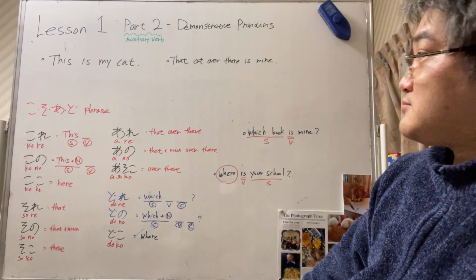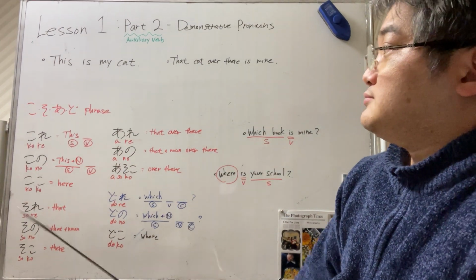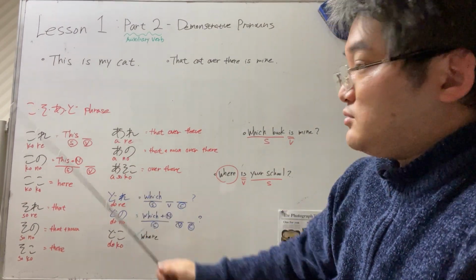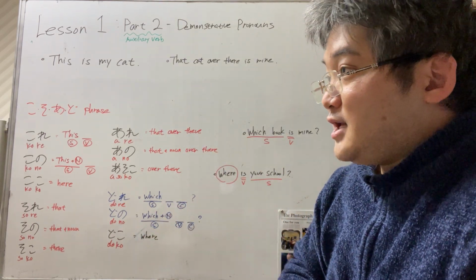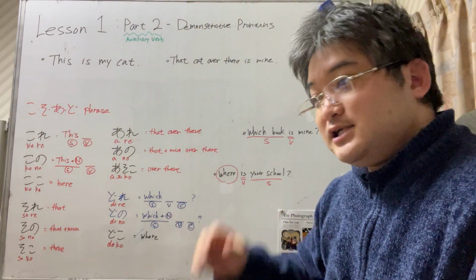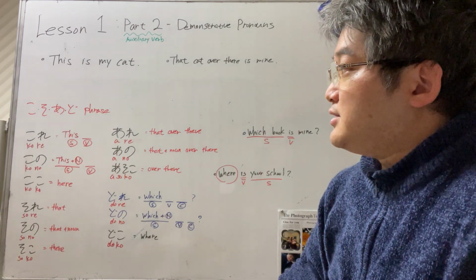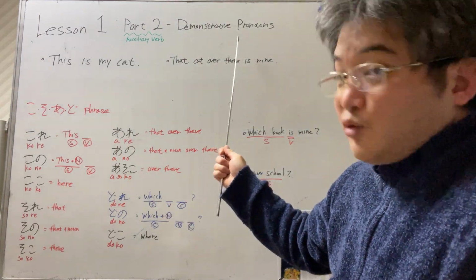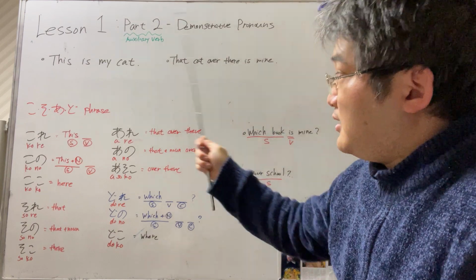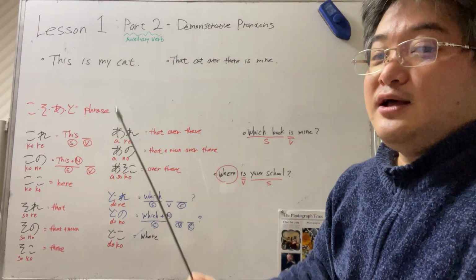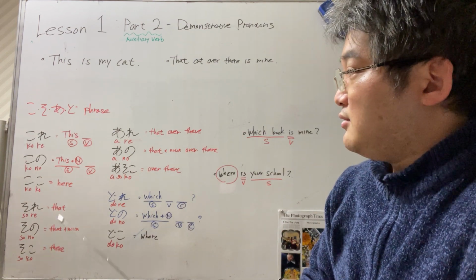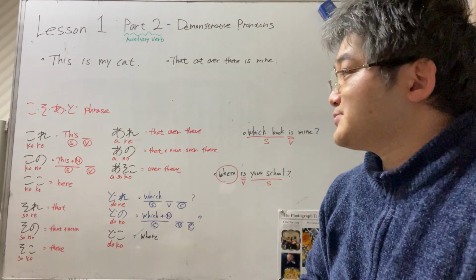But now we are moving on to the next step in grammar, demonstrative pronouns, as it says here. Things like this or that, over there, are demonstrative pronouns.